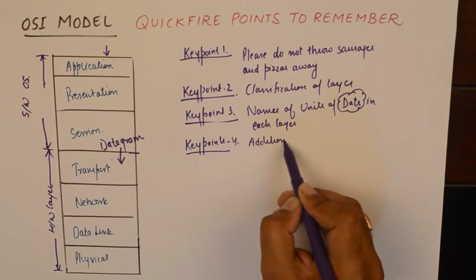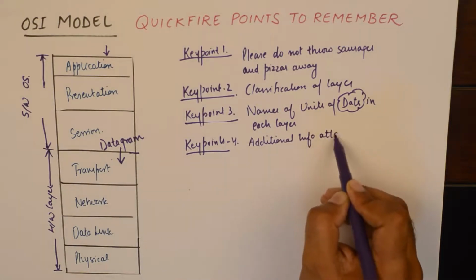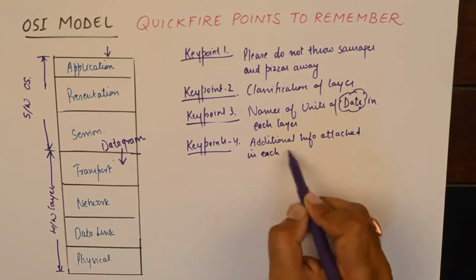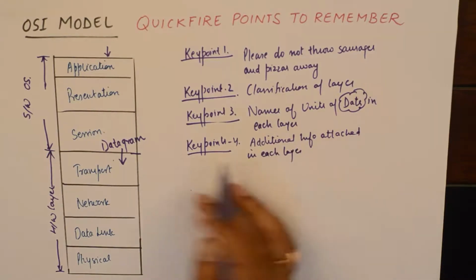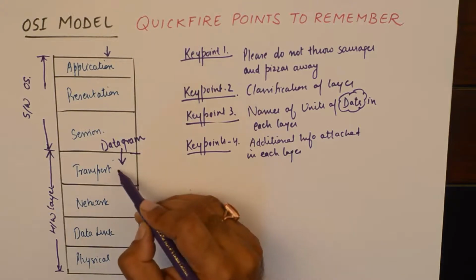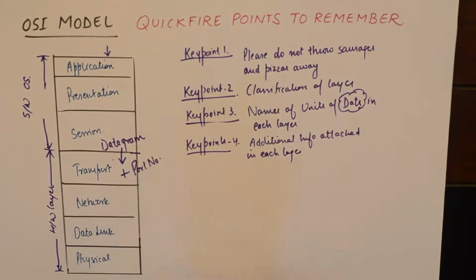additional info attached in each layer. Now this datagram is received by the transport layer, so it will add up the port number.